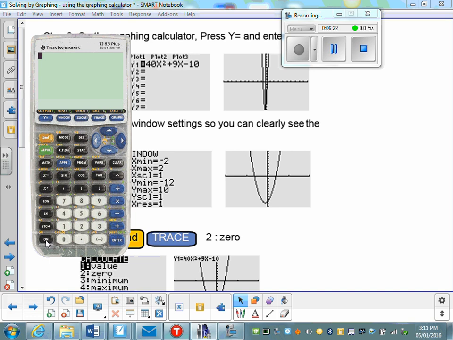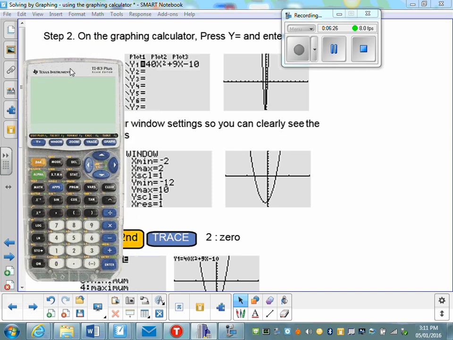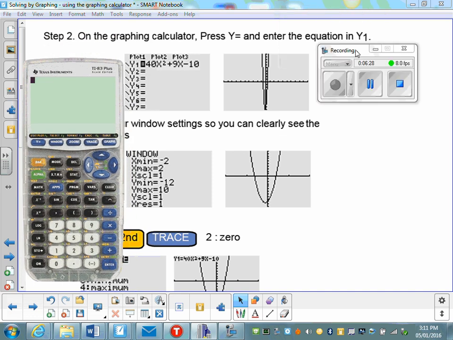First thing I want to do is go to the y equals button, and it's on the top left of the buttons on the calculator. If I hit y equals, I get this screen here, and I'm going to type in the 40x squared plus 9x minus 10.